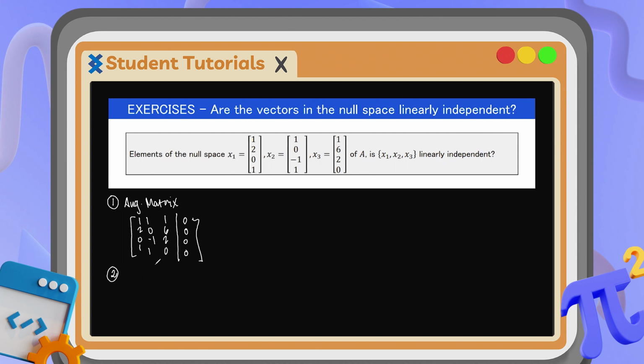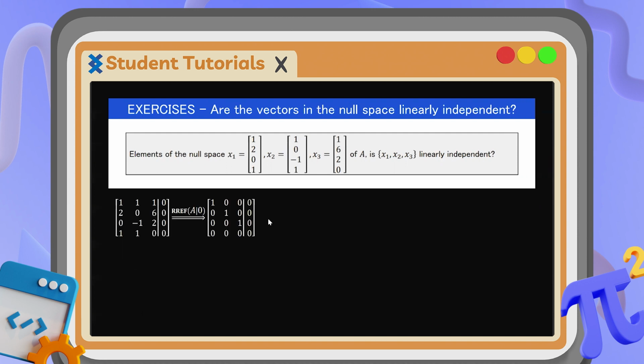Once we have the augmented matrix, we again take the RREF of this matrix and observe the results that we will get from this one. And when we get the RREF of this matrix, we get something like this.